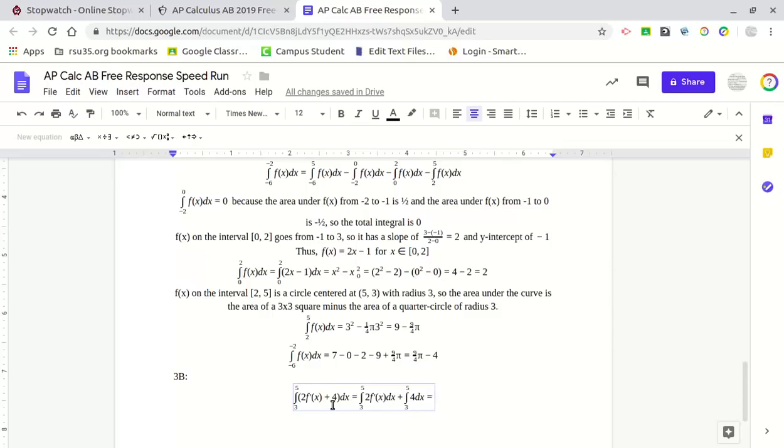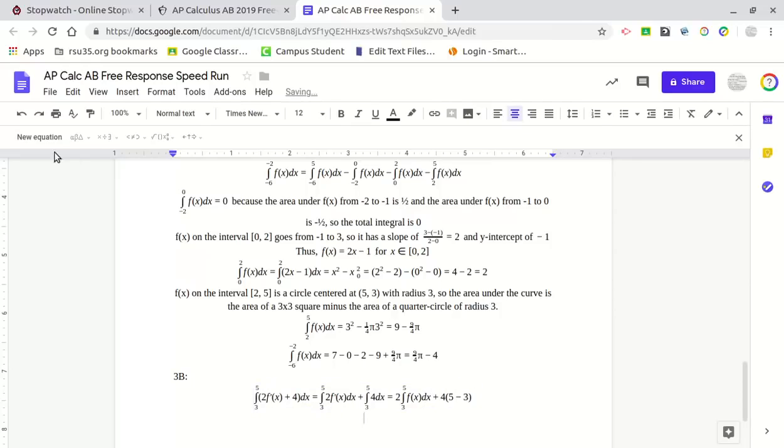And then this integral I can take the 2 out, which will make things easier. So 2 times the integral of f prime of x dx plus 4 times 5 minus 3. Okay. Now next step, by the fundamental theorem of calculus, because this is f prime of x, this is f of 5 minus f of 3, so 2 times f of 5 minus f of 3 plus 4 times 2.